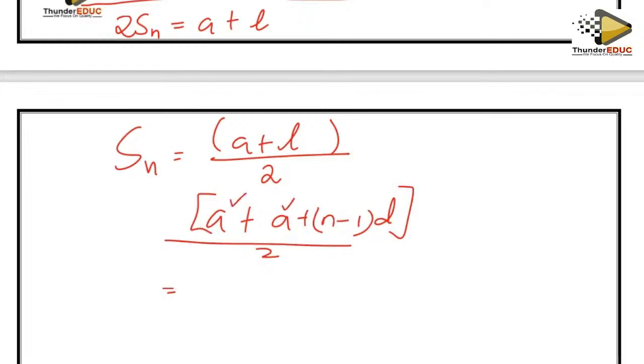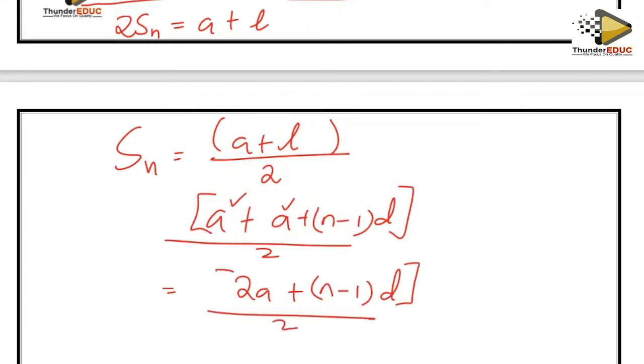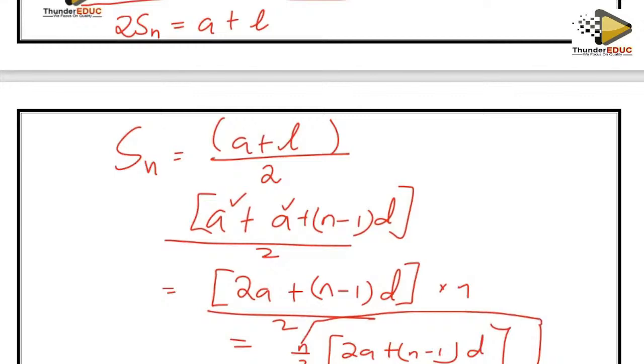So it's just going to be 2a plus (n minus 1) into d over 2. Now, since we're talking about a certain number of terms that we don't know, we just have to multiply this by n, so that it is n over 2 into (2a plus (n minus 1) into d). So this becomes the sum of the arithmetic.